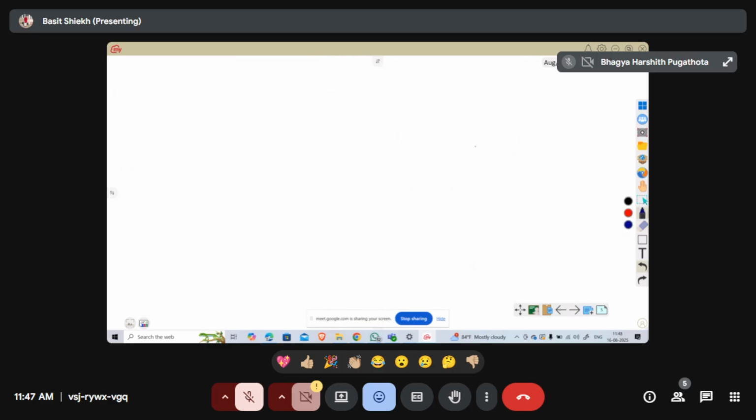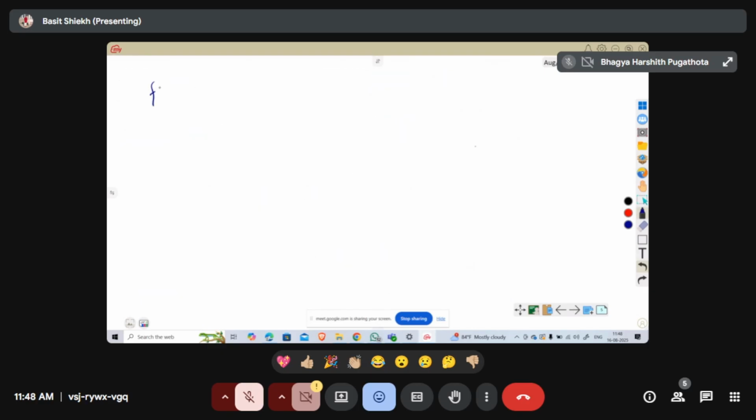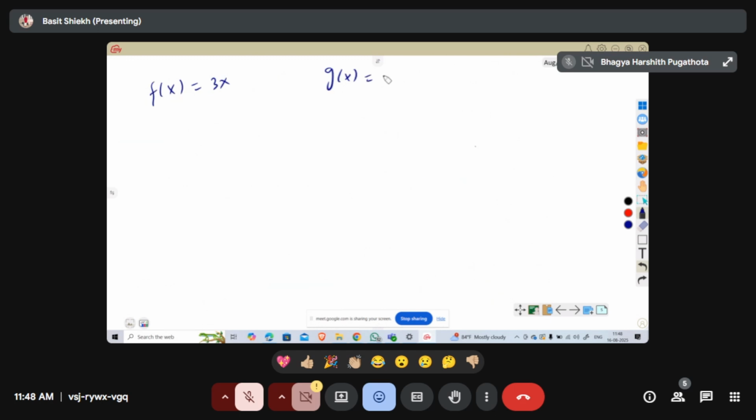f of x is 3x, g of x is x square. f plus g of x will be nothing but f of x plus g of x on the common domain.